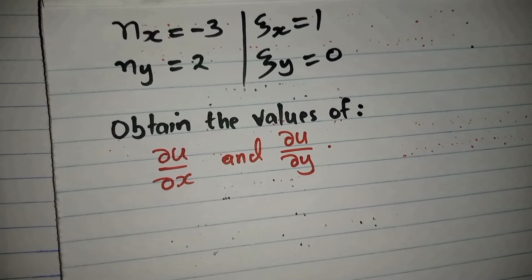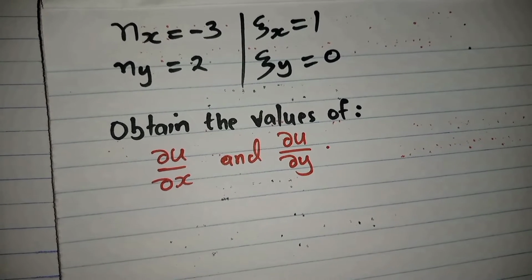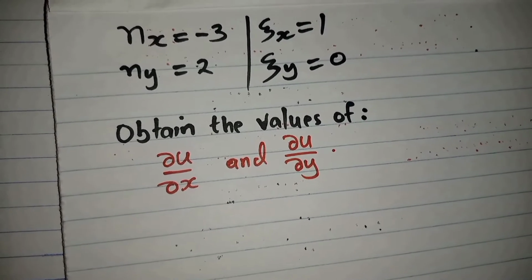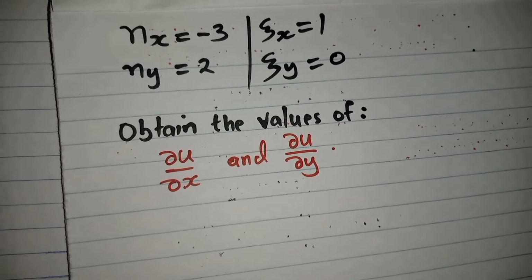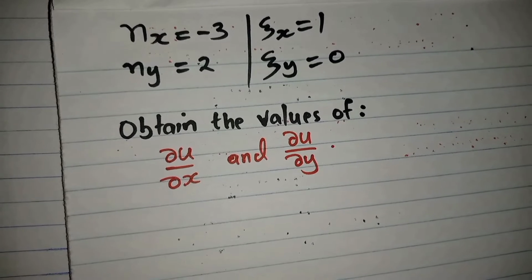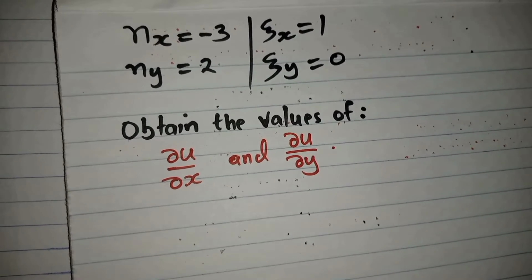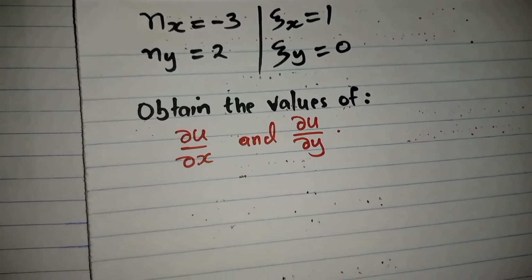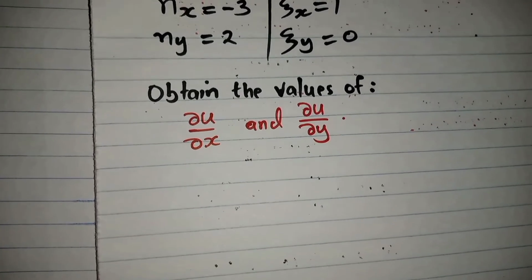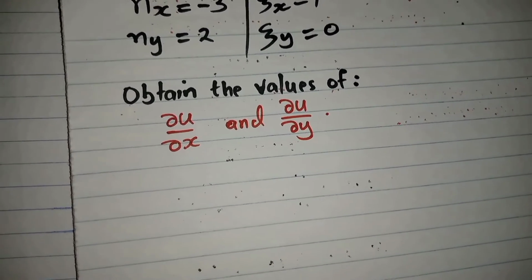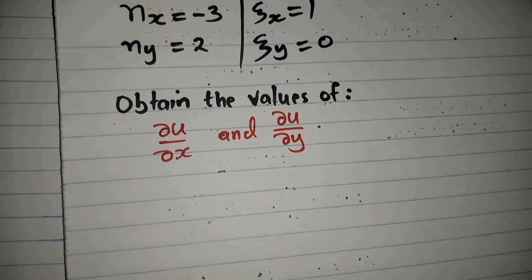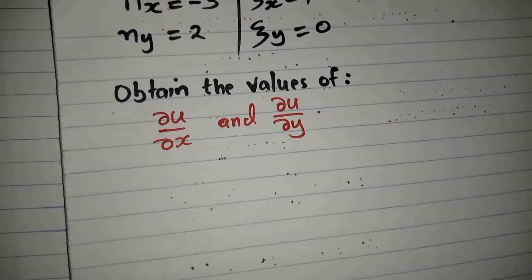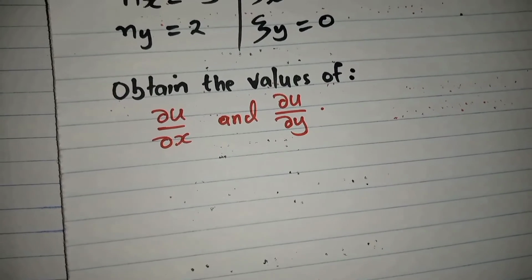To obtain these values, as we said in our previous lesson, we differentiate u partially with respect to x in terms of the new variables xi and nu. So we proceed by obtaining the partial of u with respect to x in terms of xi and nu.